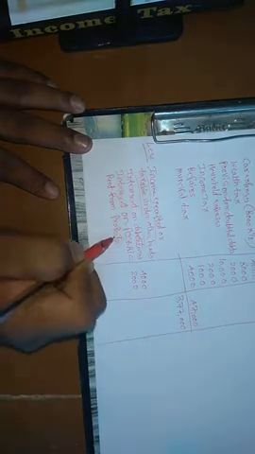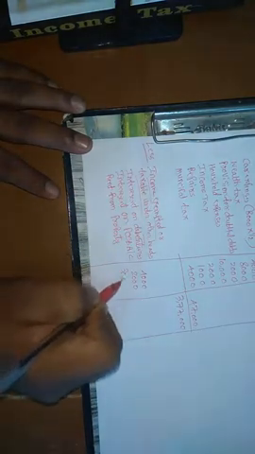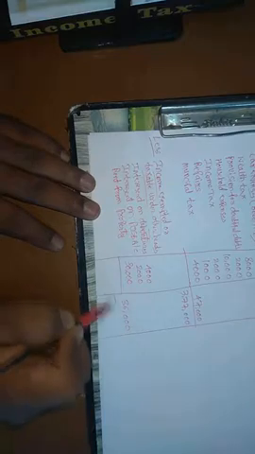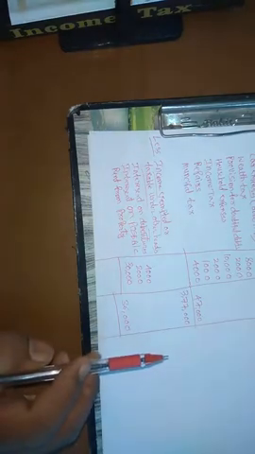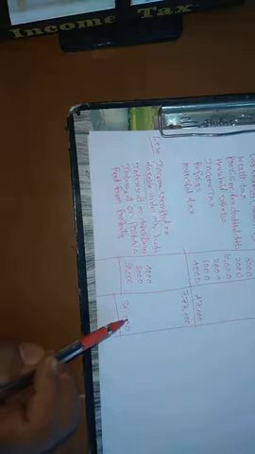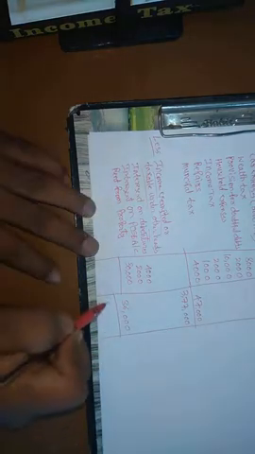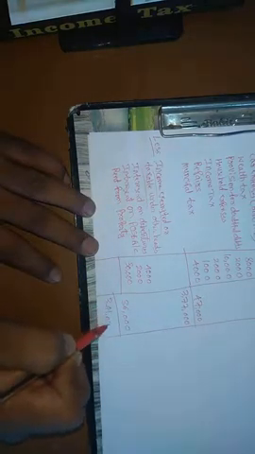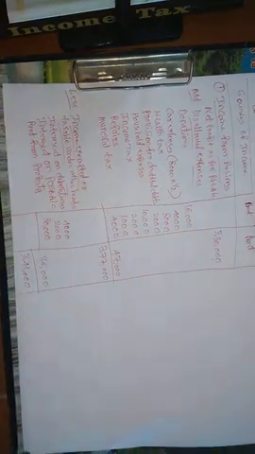It is 30,000. So the total is 36,000. Now 3,77,000 minus 36,000. When we did it, we got 3,41,000.